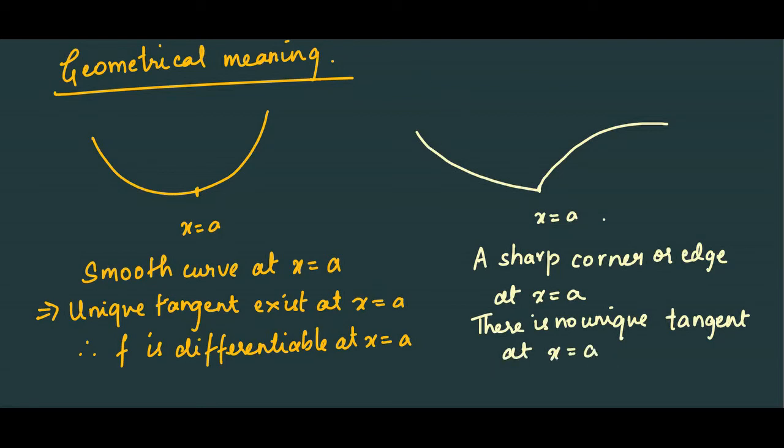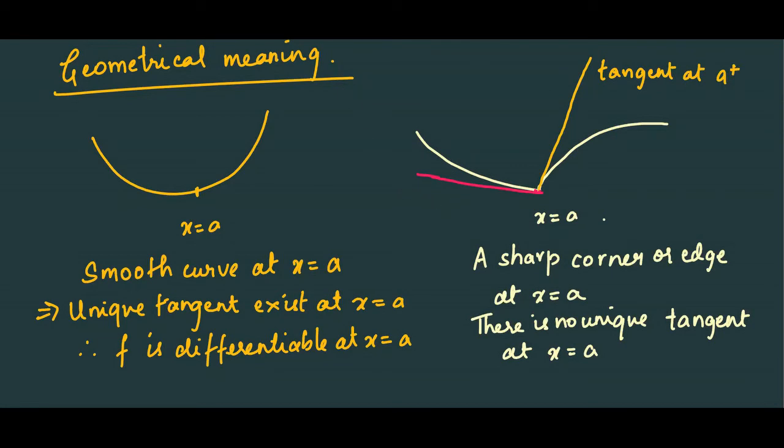Why? Because you take at A a point just left of A and draw a line. So that tangent will be like this. This will be one tangent to the left. Then take the point A and just to the right of A, you take another point and you draw a tangent. It will be like this. This is the tangent at A plus.